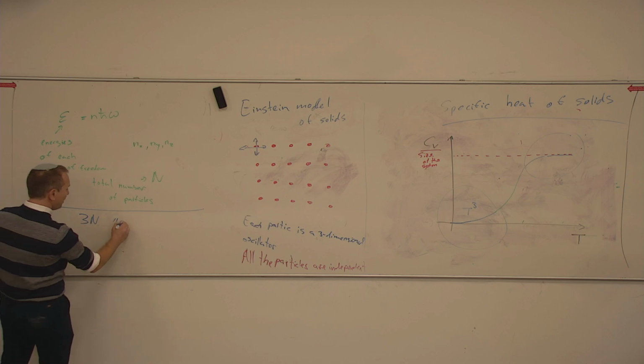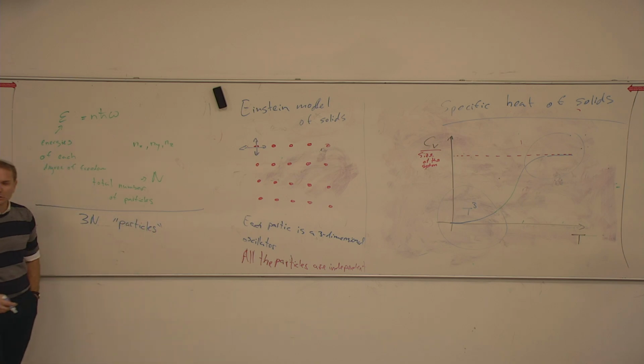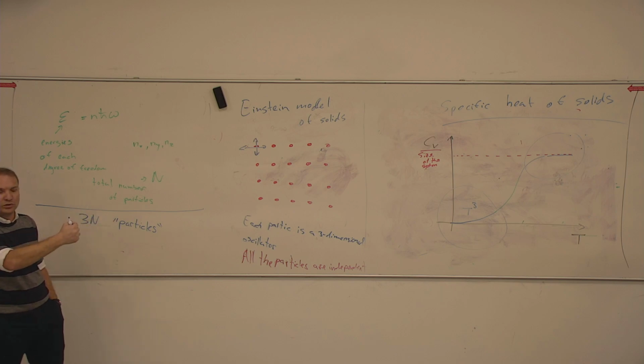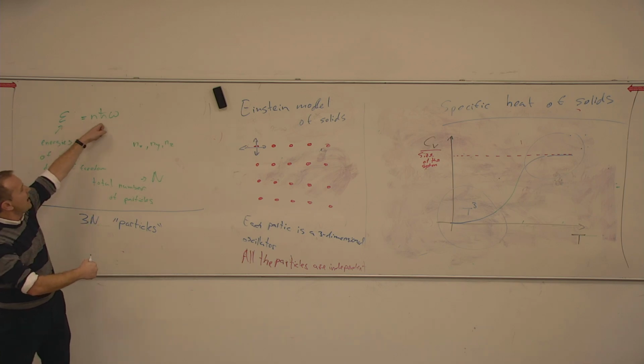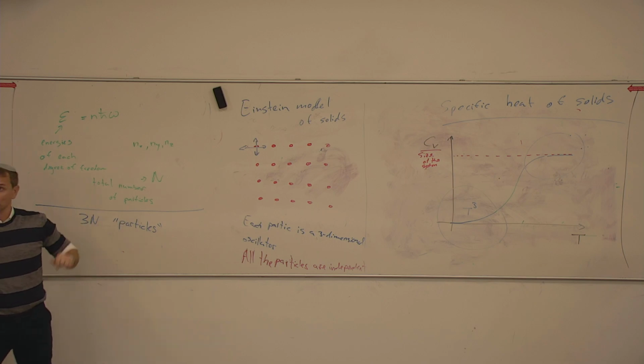We have 3N particles, right? So I don't care if it's a particle or a degree of motion. You can call it a quasi-particle if you like, you can call it an effective particle, but I don't care. So this is a degree of motion. It contributes to the total energy as n h bar omega. Since this guy is independent of that guy, they are different particles for me.